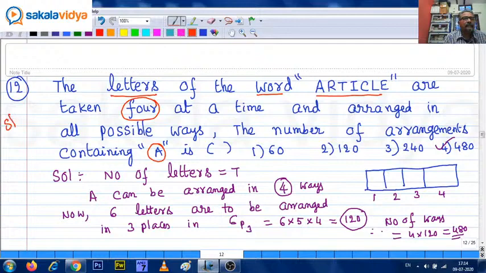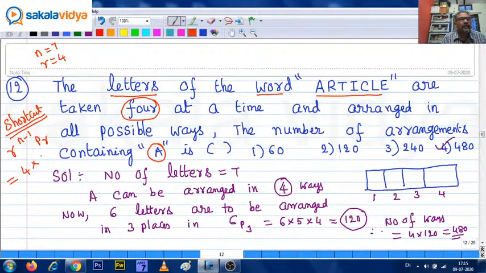Always, when including one object, the number of arrangements is R ways for the places, and next n minus 1 P R minus 1.